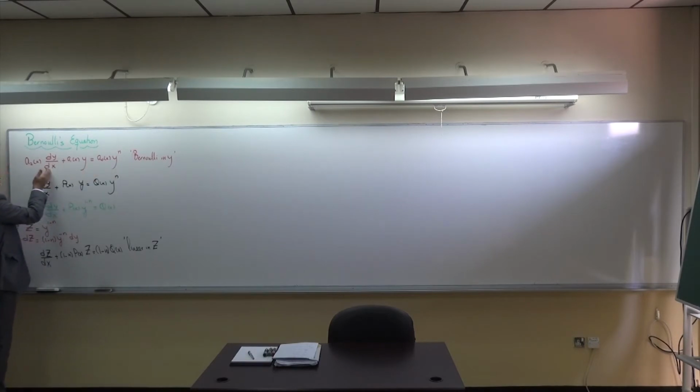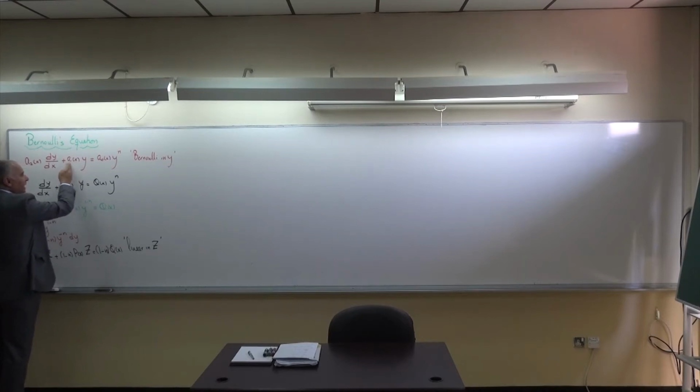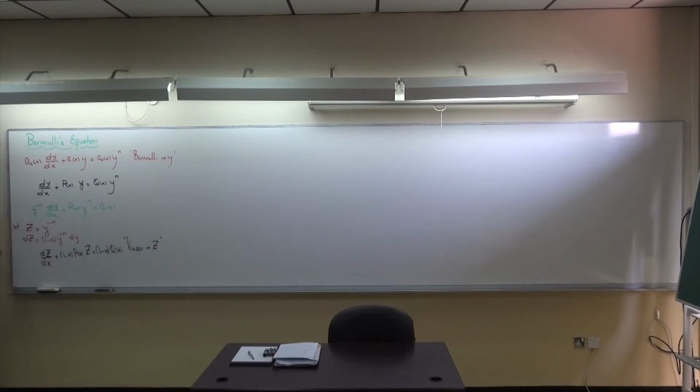One with dy/dx times a function of x, another one y times a function of x, and then another function of x times y^n. And n here can be any real number, can be positive, negative, or 0. Of course, when n is 0, this equation will reduce to a linear differential equation of order 1. Okay?